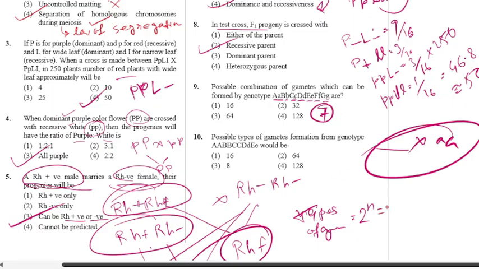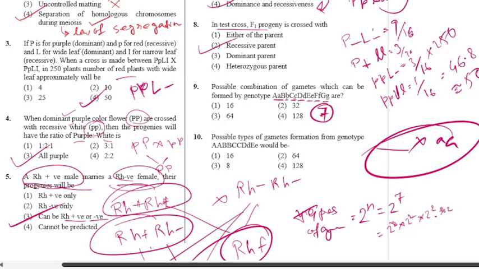So that is 2 to the power 7, and let's simplify it. We can say 2 to the power 2 into 2 to the power 2 into 2 to the power 2 into 2.